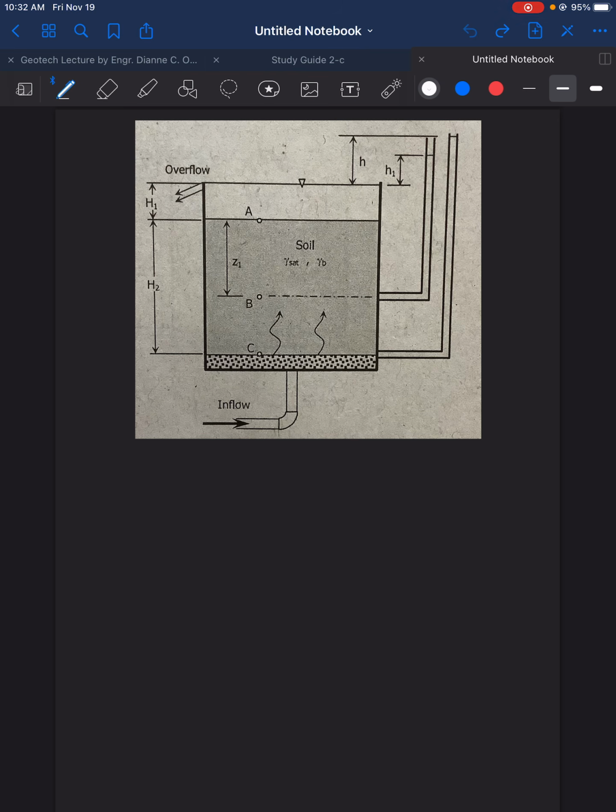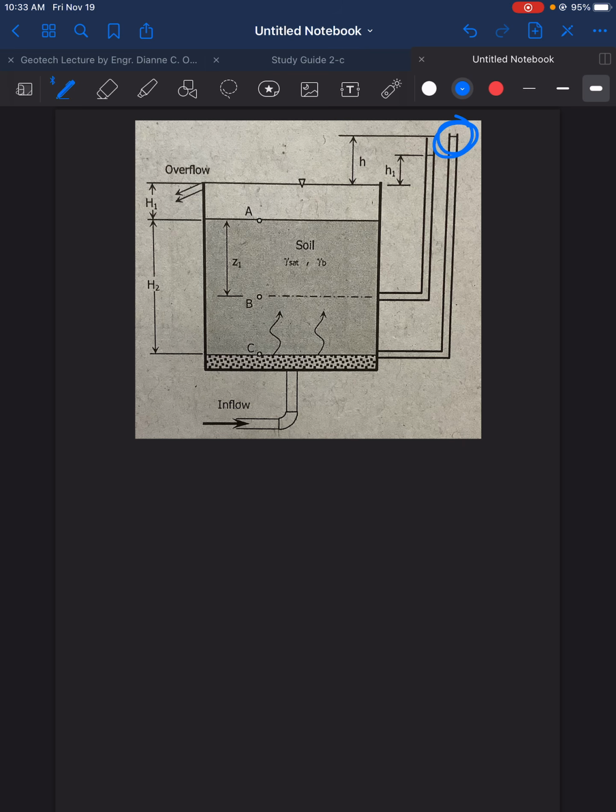Now, if we say hydraulic gradient of the entire system, it means that we are considering the whole length of soil or the whole height of the soil H2. Now, if we are considering H2, we are focusing on this tube inserted at the very bottom of the soil setup. And we are to get the head from this water level.